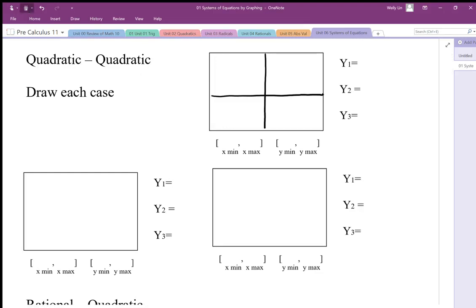So if we think of it, can we have three solutions? Well, we really can't draw a case with three solutions. However, I can draw a case where I have a quadratic and a quadratic that intersect 2 times. Okay, so this is a two-solution situation where I have one solution here and one solution here.